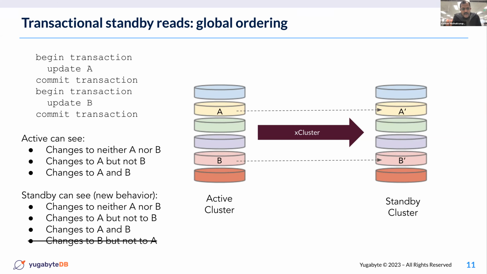Maybe one color I would add is, in both cases, change data capture and xCluster, we are subscribing to changes happening in a source cluster. In one case, the target is another Yugabyte cluster itself, that's xCluster. Whereas in change data capture, it can be in many other formats, like an end user consumable format to connect other microservices and so on.